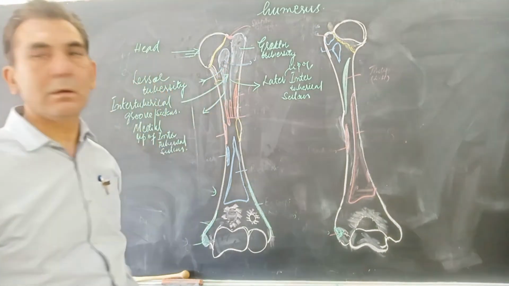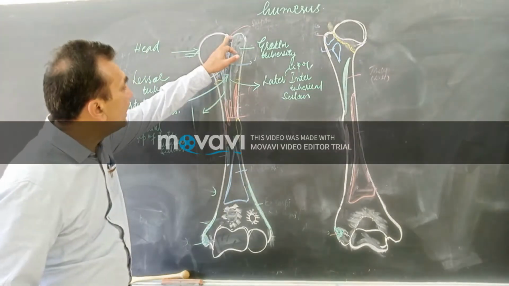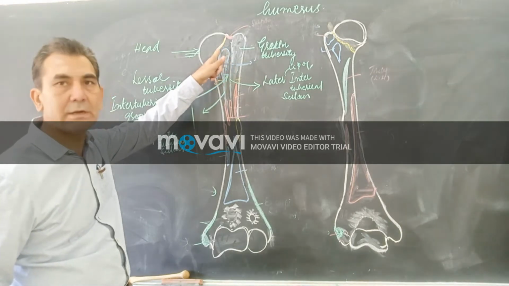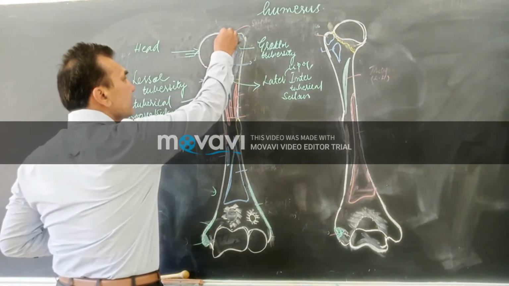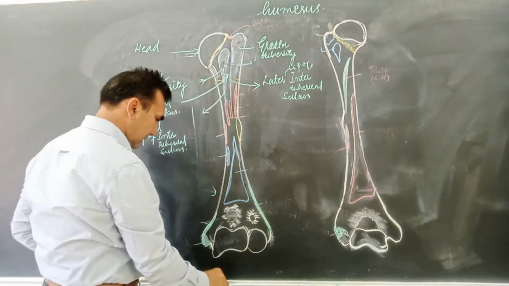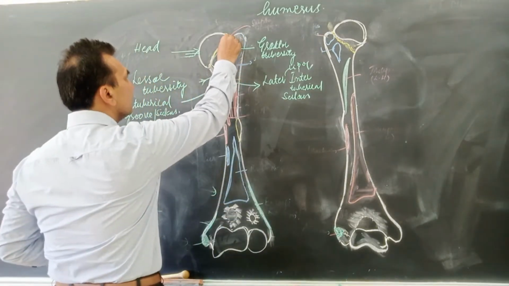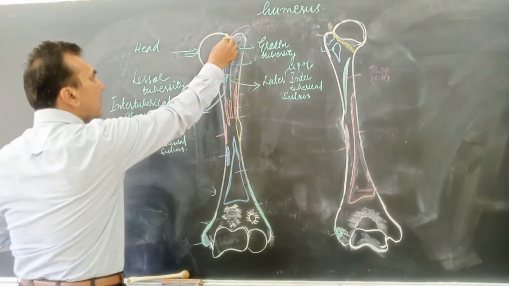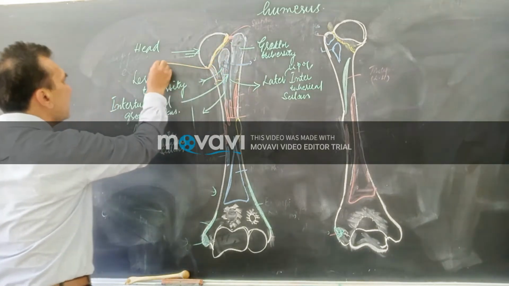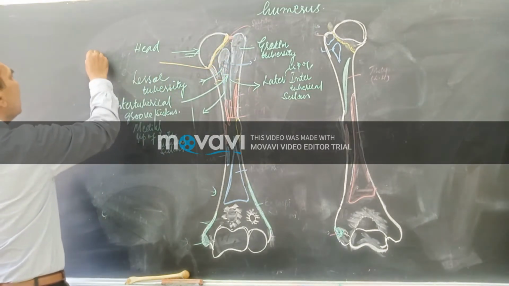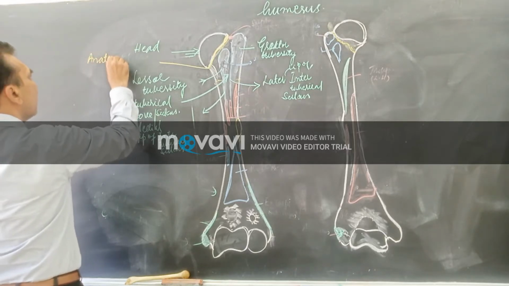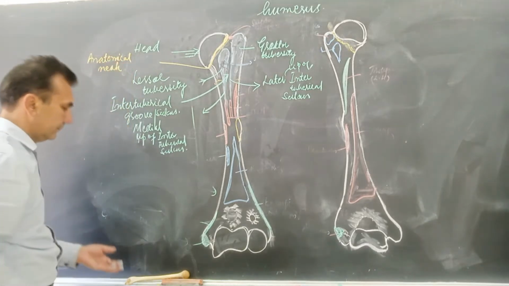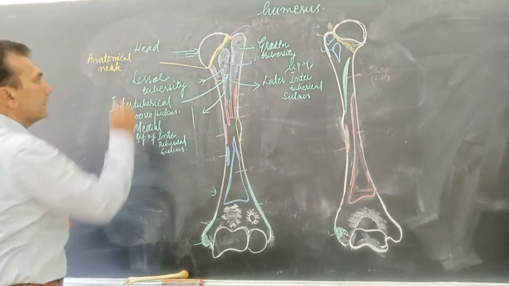Just below the head of the humerus, the yellowish region is the neck, and this is called the anatomical neck.